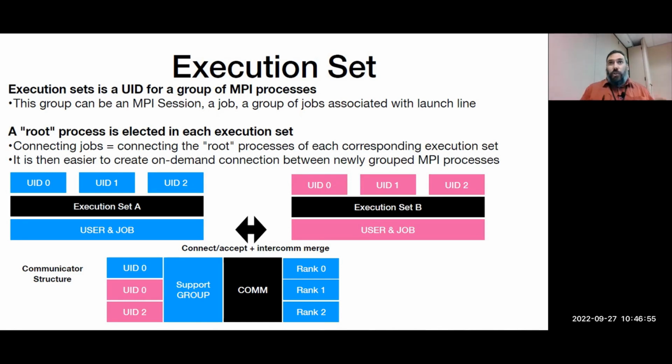So when two processes try to connect through connect subsec, for example, we will just give the process UID and then get the set identifier from this process UID to directly connect to the root process of this UID. And so we can really easily create a grouping, putting a process set together in a new communicator.